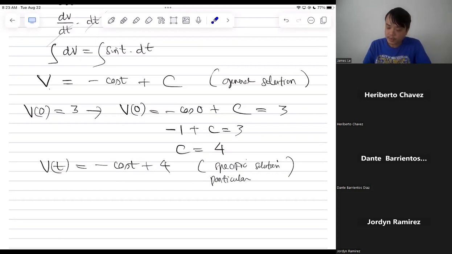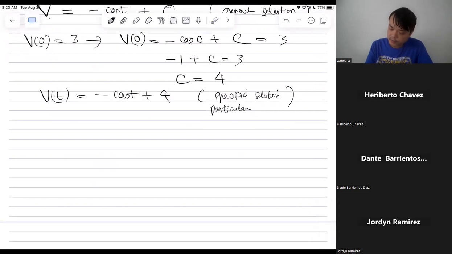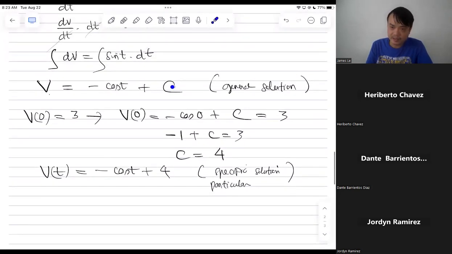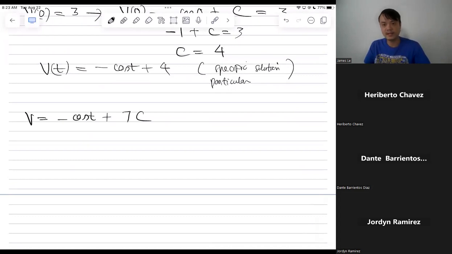Okay, back to the case where someone doesn't like to write C, but writes, for example, 7C. I'll show you. So if they write v equal negative cosine t plus 7C, with initial condition v(0) equal 3, I plug in.